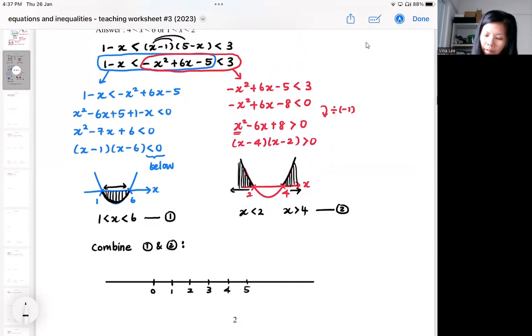So I will need 5, 6. If I look at the first number line, it will be 1, 2, 6. If I look at the second number line, less than 2 and greater than 4.